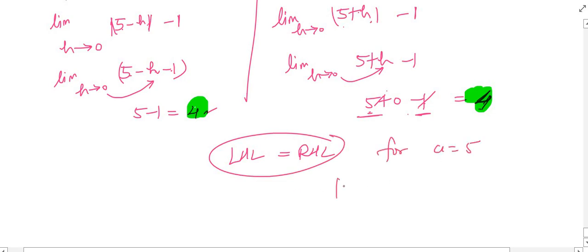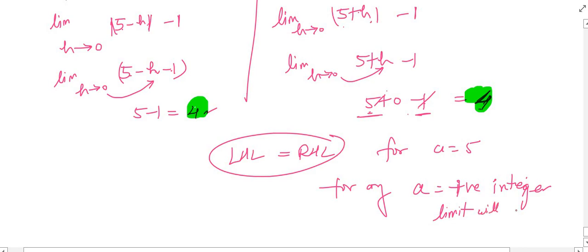So that means for any a equal to a positive integer, the limit will exist. Why? Because you have taken 5. If you take 6, then also it will come. You can try with 7. For all positive integers, the limit will exist.